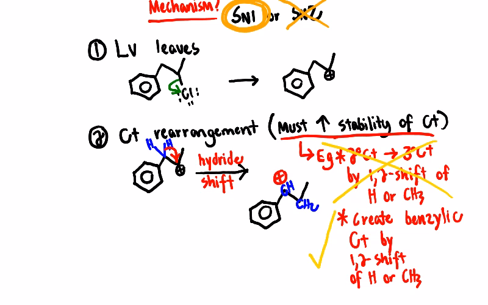And so now we've got this benzylic carbocation. Which is going to be greater in stability as a secondary benzylic carbocation than our starting material was, which was just a secondary standard carbocation. It's not immediately adjacent to an aromatic ring.